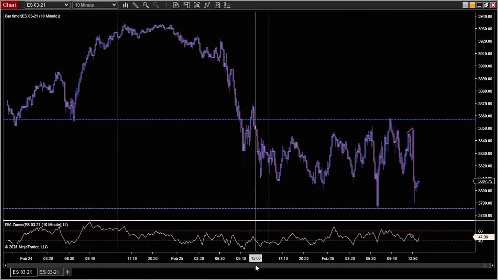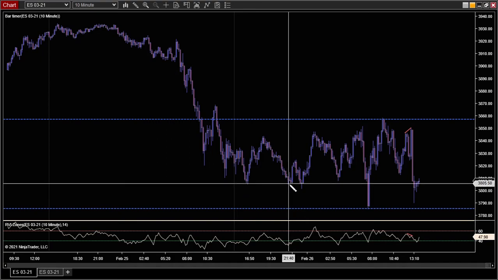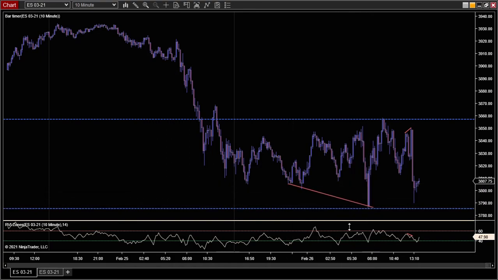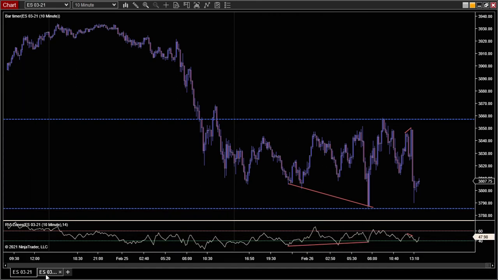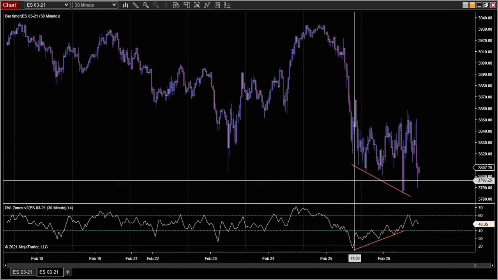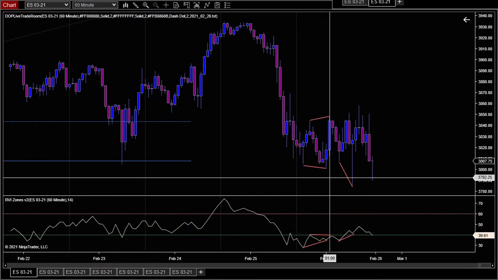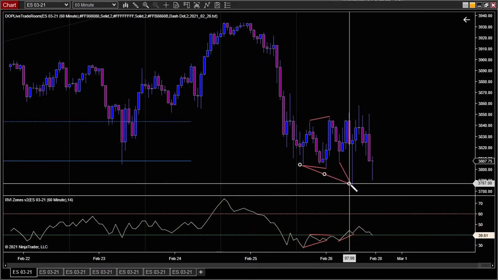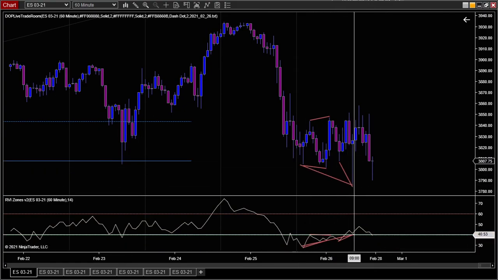And let's see. You can also kind of see this exhaustion pattern as we push down. We were pushing up on the 10-minute, just like we did on the 30-minute. The 60-minute, you can also see as we push lower, we're pushing higher.